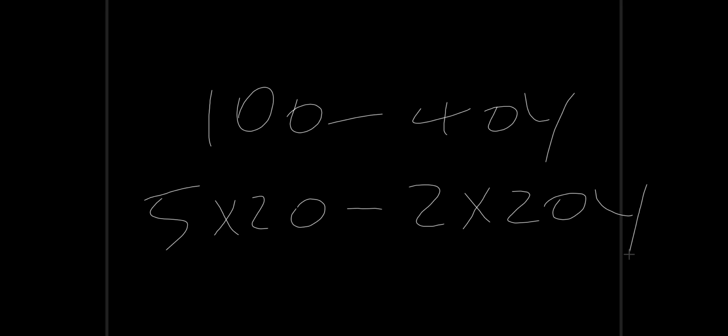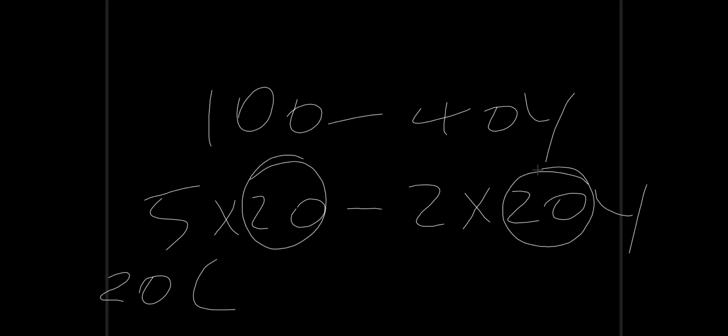Because the aim is always to try to get in both terms a common number, which would be the highest common factor in any way, but you just see it in a different light. And so what we will do is we pull out the 20, because the 20s are common, leaving us with 5 minus 2y.